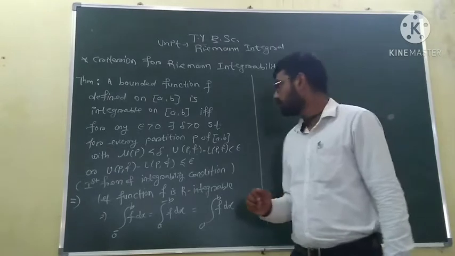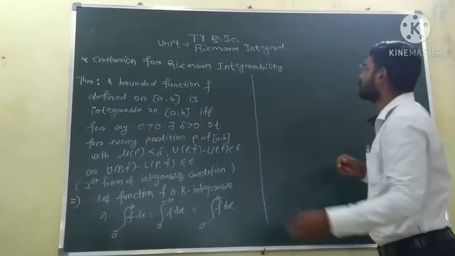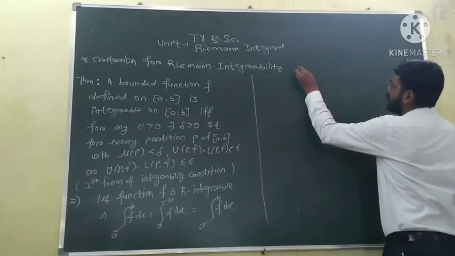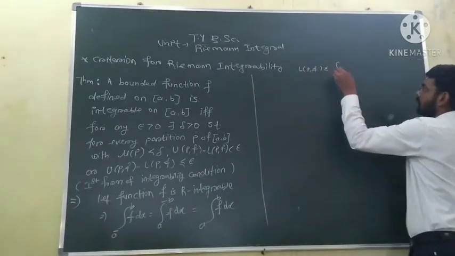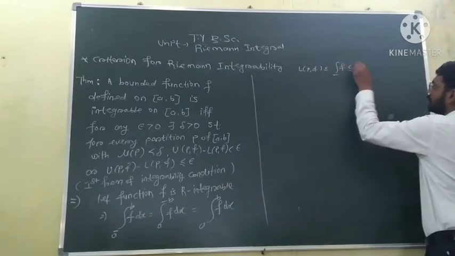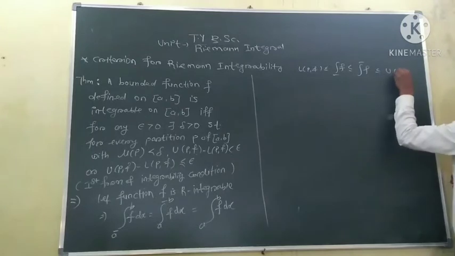Now we know one inequality. What is the inequality? The lower sum is less than or equal to the lower integral, which is less than or equal to the upper integral, which is less than or equal to the upper sum.